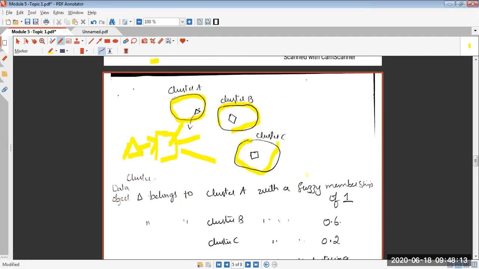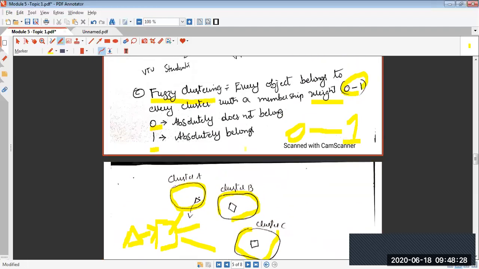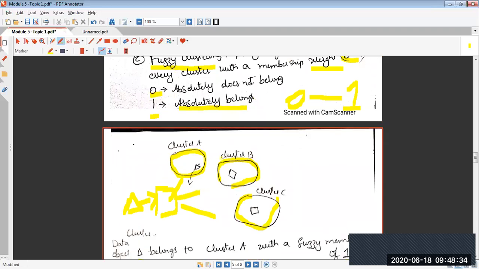Typically it will say the triangle belongs to cluster A with a fuzzy membership of 1. What do you mean by a fuzzy membership of 1? As I have written previously, 1 means absolutely belongs, completely belongs.